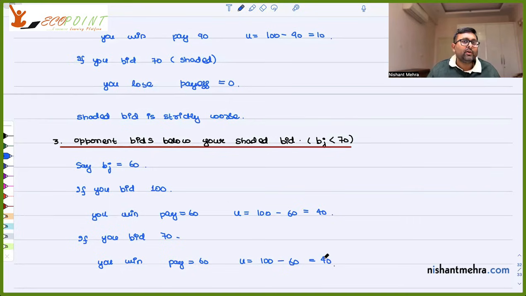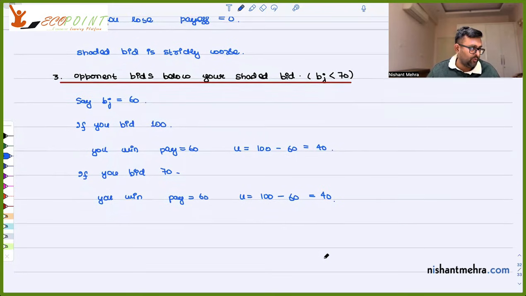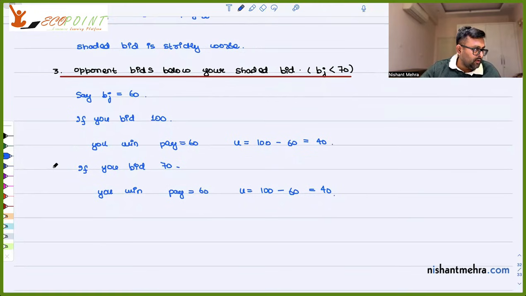So in this case, you are indifferent, whether you do truthful bidding or shaded bidding. So for any bj less than or equal to your shaded bid, the payoff is going to be the same. Payoff is identical, right?